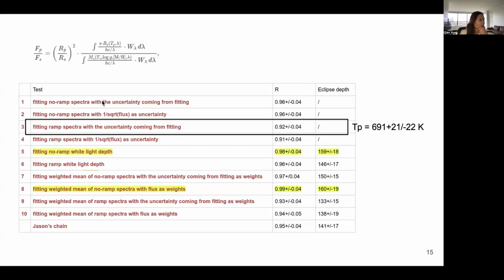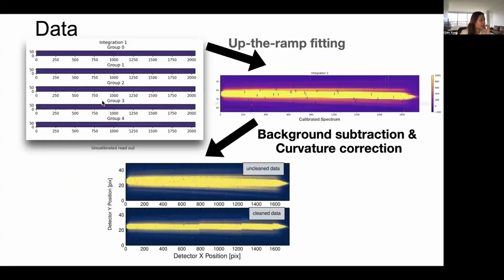Yes, so actually I have a backup slide here to explain the up-the-ramp data collection strategy of JWST. HICE also has this collection strategy. Basically the detectors on JWST collect photons, actually electrons, over time, and each pixel, the bucket, accumulates charge as electrons hit the pixel.